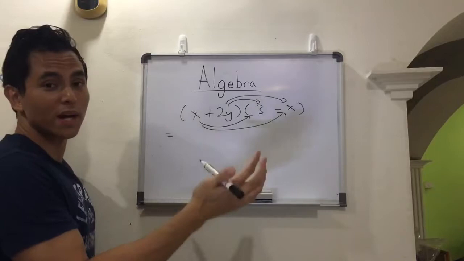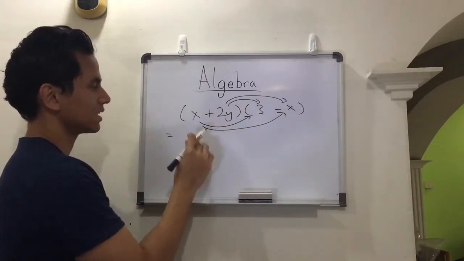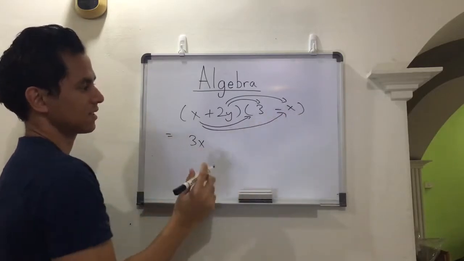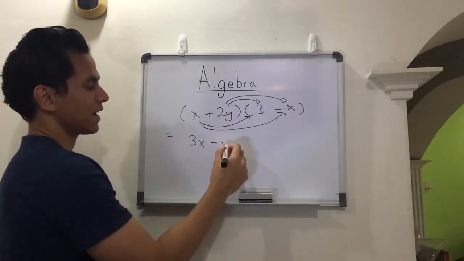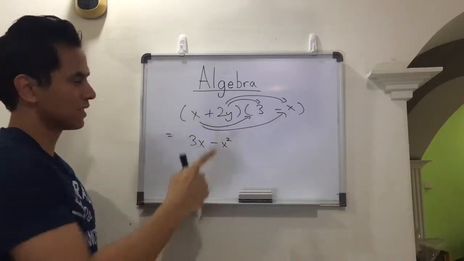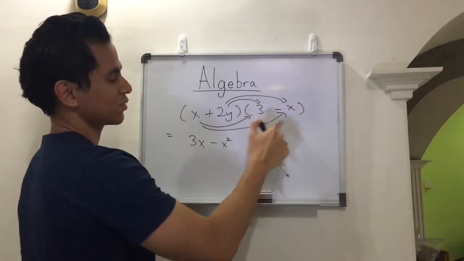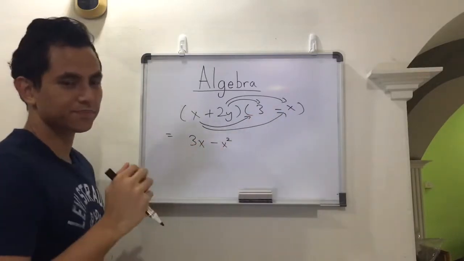Now you go about expanding it. x times 3 gives 3x, and x times negative x gives us negative x squared. Be very careful with the negative sign, because a positive x multiplied by a negative x gives you a negative x squared.